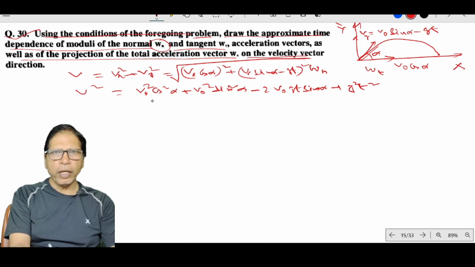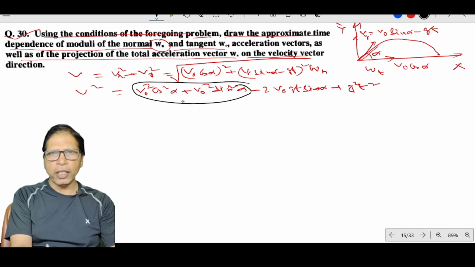Now from this part, you can easily write v square equals v naught square minus 2 v naught g t sin alpha plus g square t square.